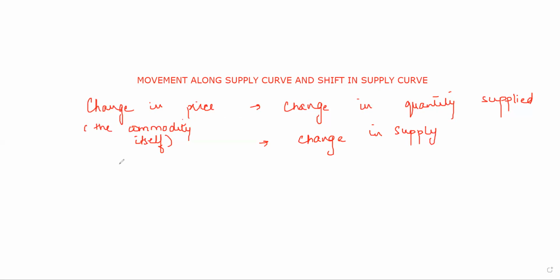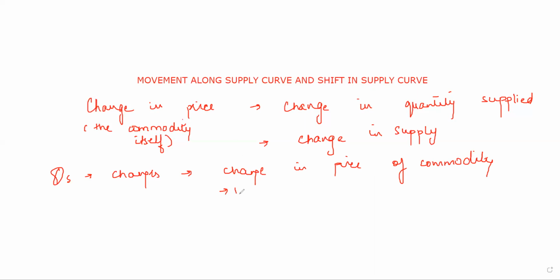When the quantity supplied changes with the change in the price of the commodity itself, and I keep other factors constant, then this particular change is known as change in quantity supplied, right?